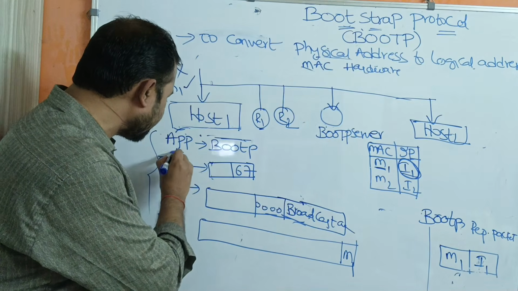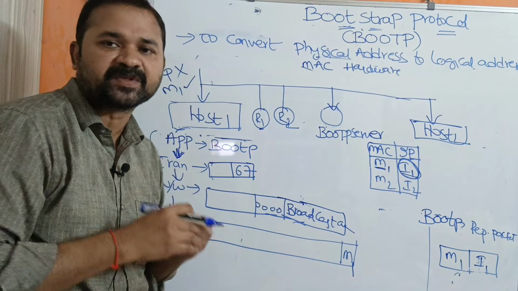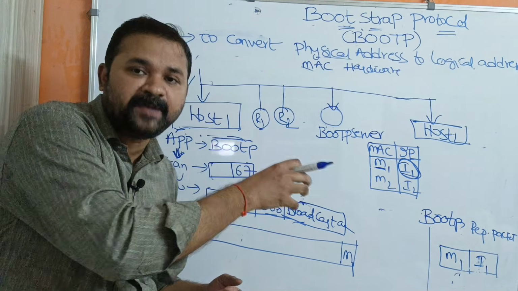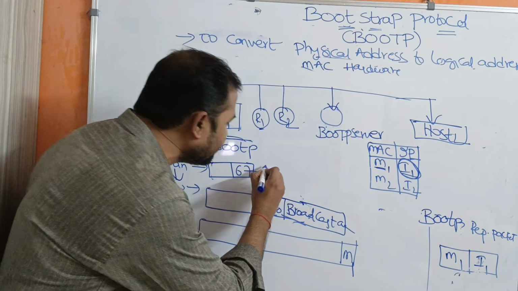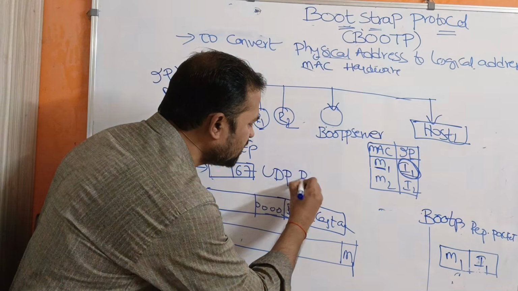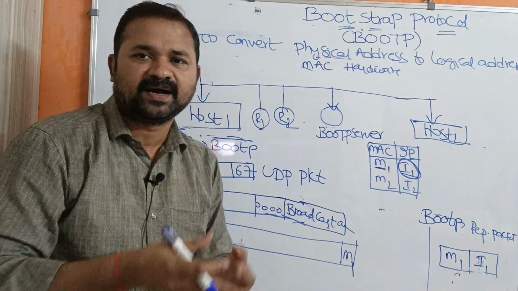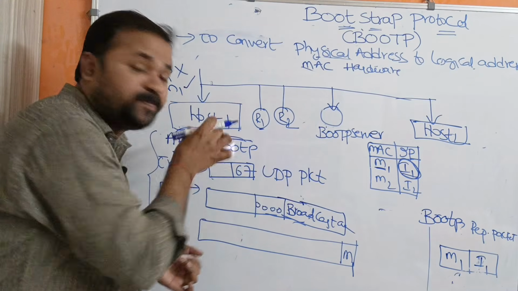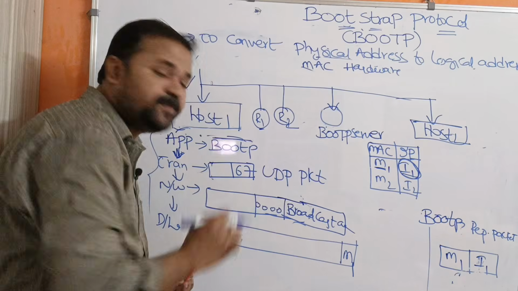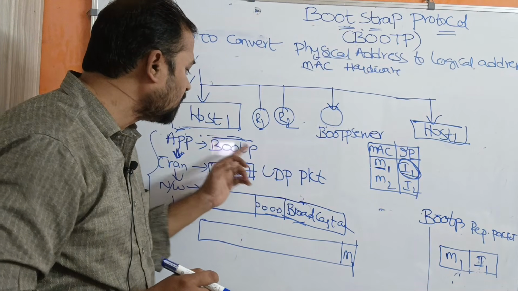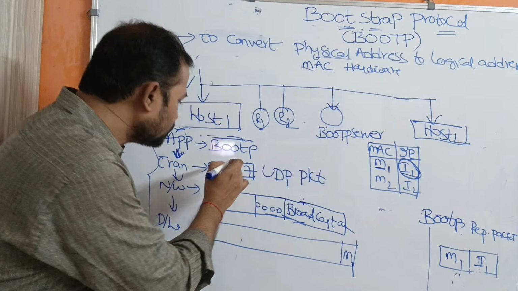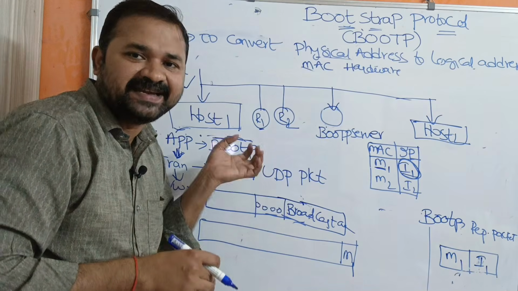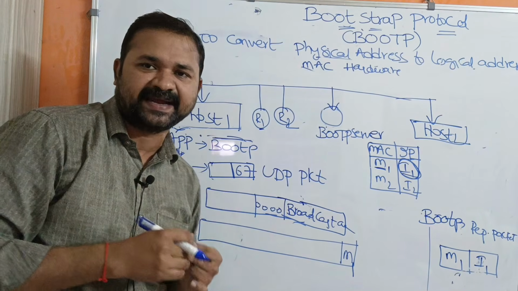The application layer transfers that message to the transport layer, where the BOOTP message will be encapsulated in a UDP packet. The port number for BOOTP is 67, so 67 will be added to the BOOTP message and it will be encapsulated in a UDP packet.